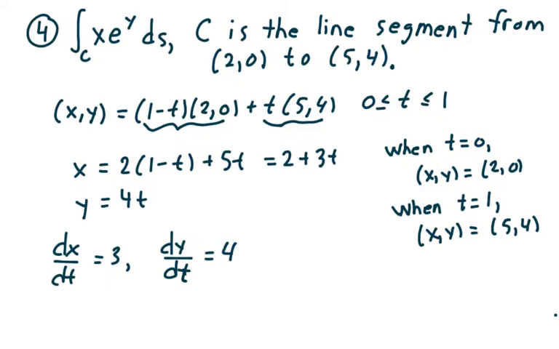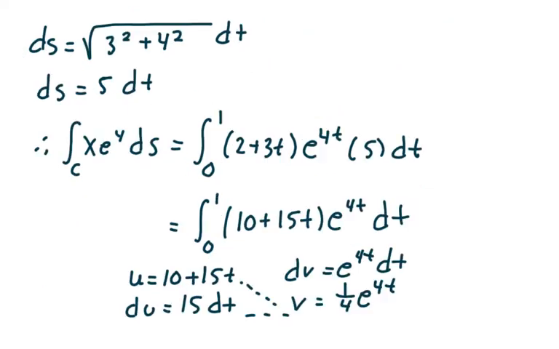Now, x is going to be 2 times 1 minus t plus 5t, which is equal to 2 plus 3t, and y is equal to 4t. And so once again, we're going to need ds. So dx dt is 3, dy dt is 4. So ds is 5 dt.